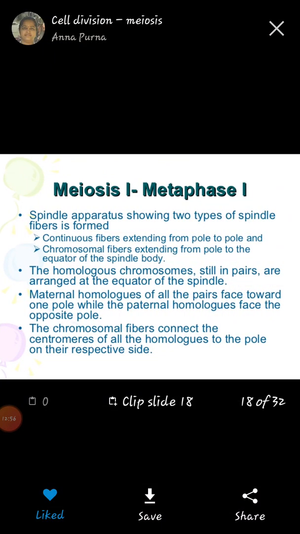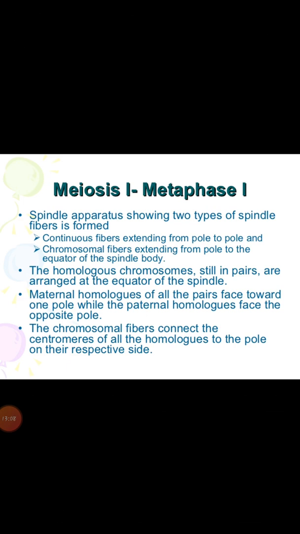The next is meiosis first, metaphase first. The spindle apparatus is formed, showing two types of spindle fibers: the continuous fibers extending from pole to pole, and chromosomal fibers extending from the poles to the equator of the spindle body.